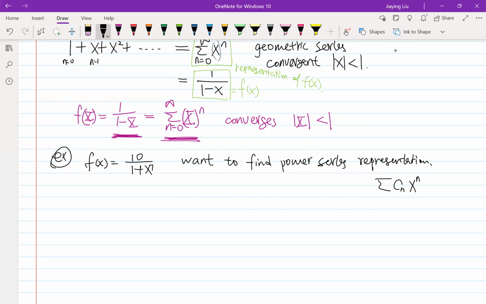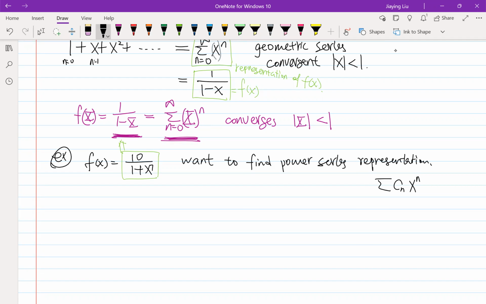What do we do? Well, we only know one trick, right? Which is the one that I wrote in purple above. If we can somehow take this 10 over 1 plus x to the 7 and convert it into 1 over 1 minus something, that would be helpful. So what we can do is rewrite it. The numerator, I want it to be 1, but I have a 10.